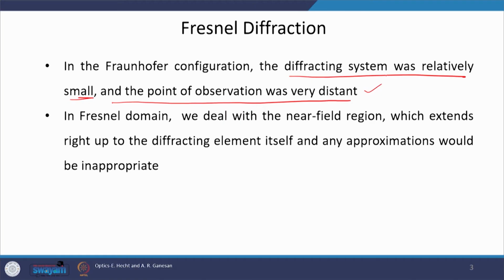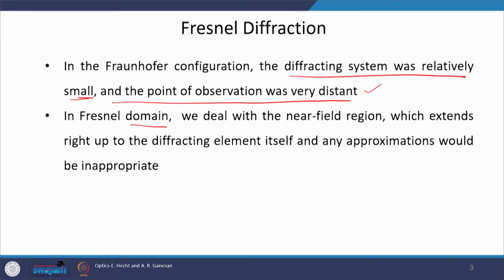This was the condition imposed by Fraunhofer diffraction. While in the Fresnel domain, we deal with the near field region, which extends right up to the diffracting element itself, and any approximation would therefore be inappropriate.